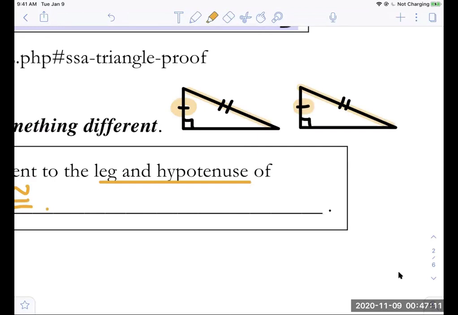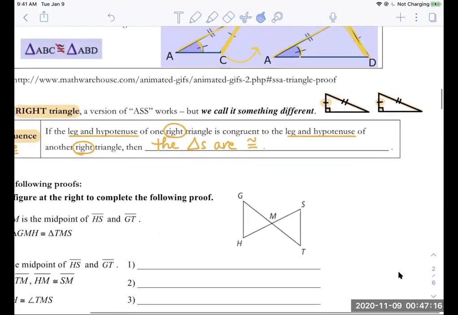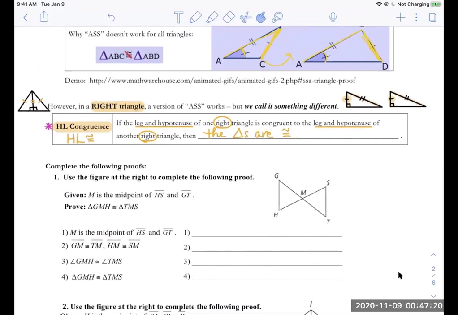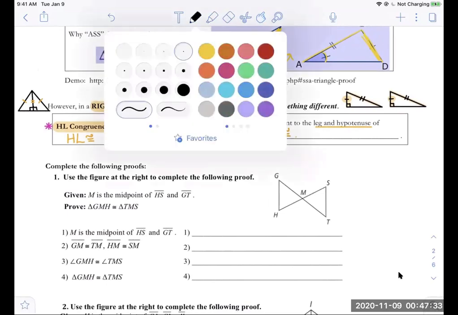Now again, it has to be a right triangle for that to be the case. And again, you don't call it angle, side, side. You call it HL. If the leg and hypotenuse of one right triangle is congruent to the leg and hypotenuse of another right triangle, then the triangles are congruent by HL congruence. So that's one more way that we have to prove triangles congruent.